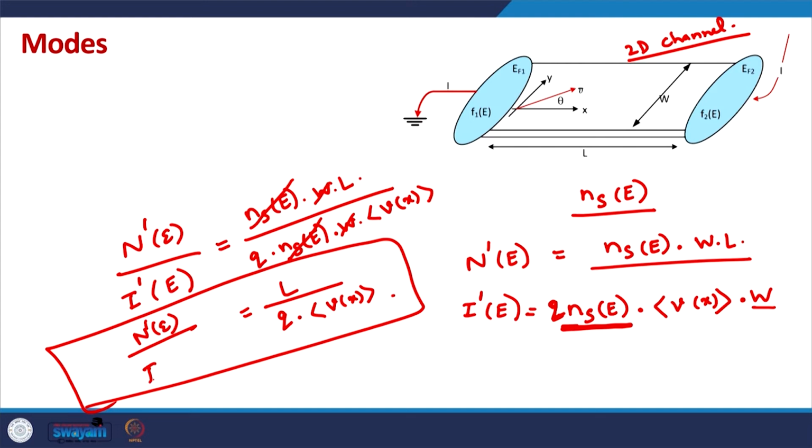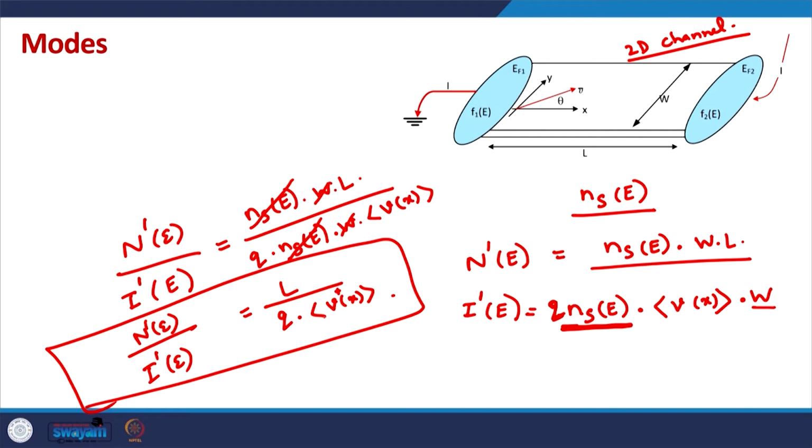This is what we obtain from our experimental analysis actually. If we do an experiment on the 2D channel and find out the steady state charge density, or the sheet charge density, in the 2D channel to be Ns, in that case the ratio of n prime e and I prime e can be written as L by Q times average of Vx, where Vx is, I would better write it V plus x.